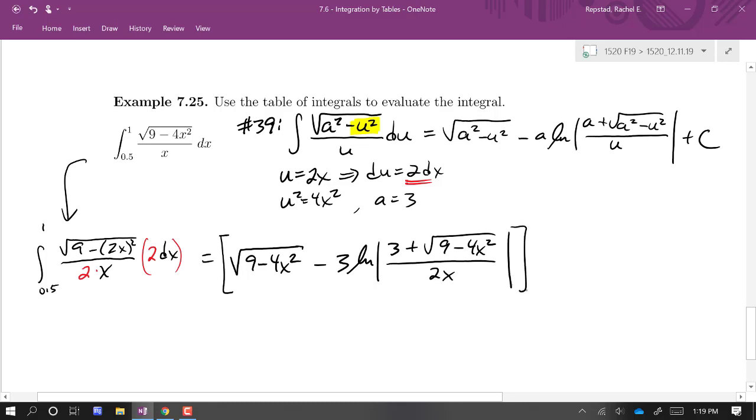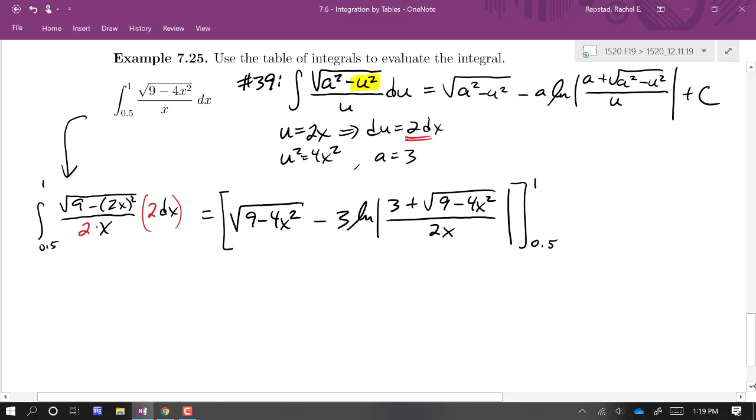Great. Those are our square brackets. Should be able to divide. Good. All right. Let's plug in some limits. Oh man, it's gonna be fun.